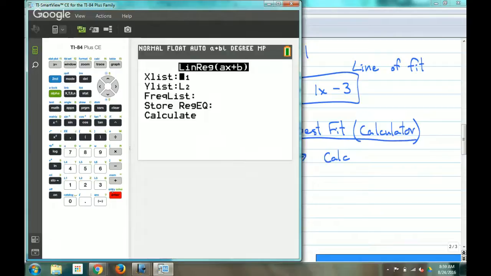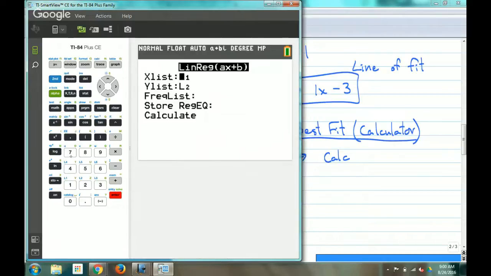Okay, if one of those is not there, in order to get it to say list 1, you hit second and then the number 1. If you look above the number 1 here, there's a blue L1. So if you had to put data in list 3 or list 6 or whatever list you happen to put it in, you can change that by hitting second and then whatever number list you used. Okay, should be list 1, list 2 for everybody already.